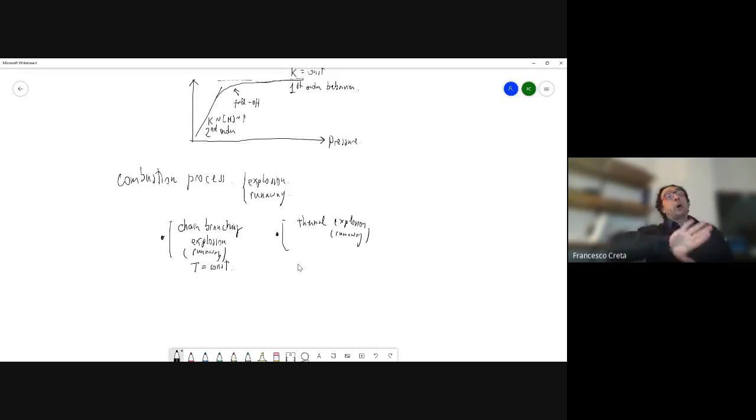But on another level, if we don't consider intermediates, we just consider, for example, a very basic one-step reaction, what we'll concentrate on is the thermal aspect.